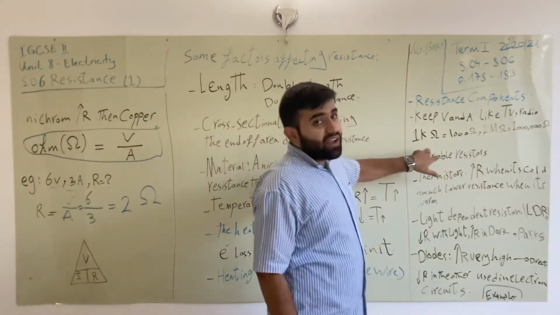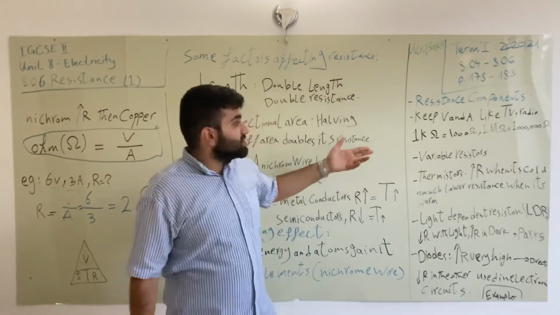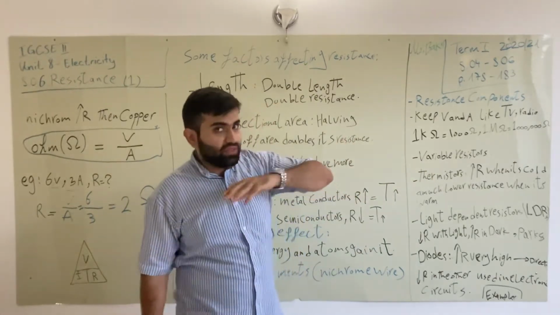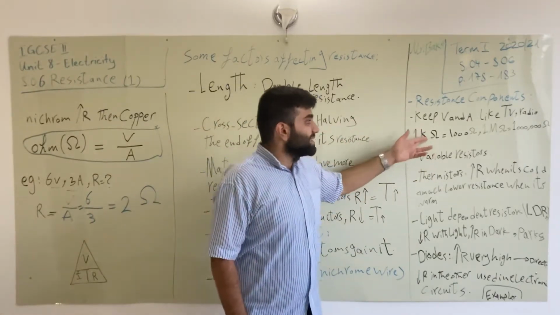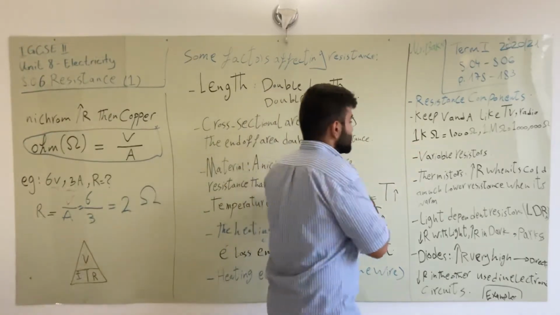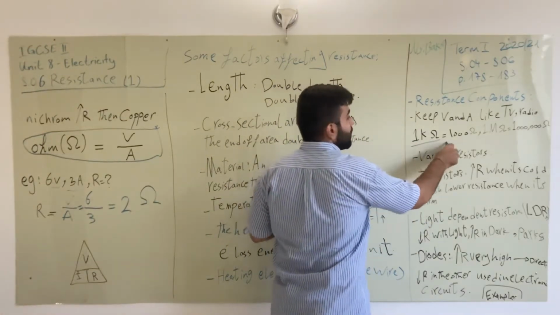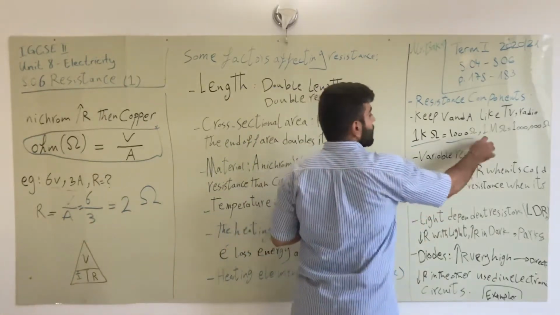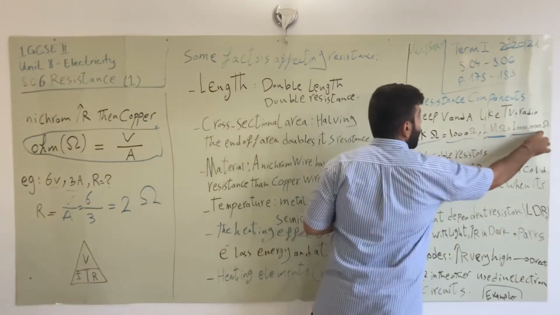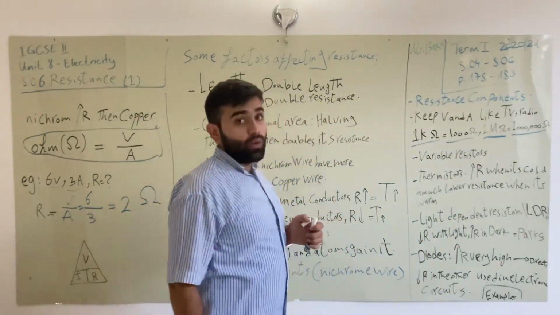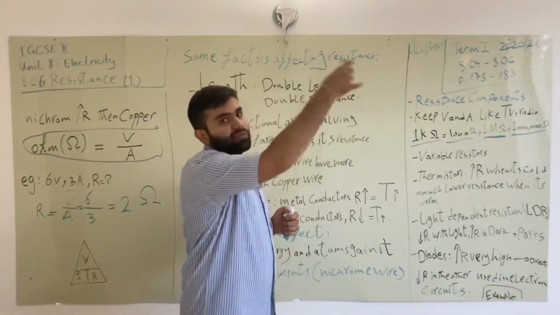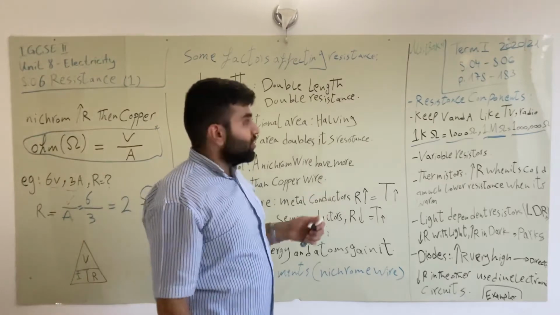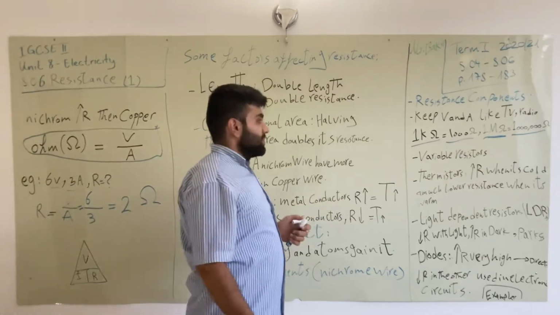The resistors have very different values. It starts from 1 ohm until 1000 ohm, which is 1 kilo ohm, like we see here. 1 kilo ohm means 1000 ohm, and 1 mega ohm means 1 million ohm. Okay? Until we have many mega ohms, many millions of ohms.